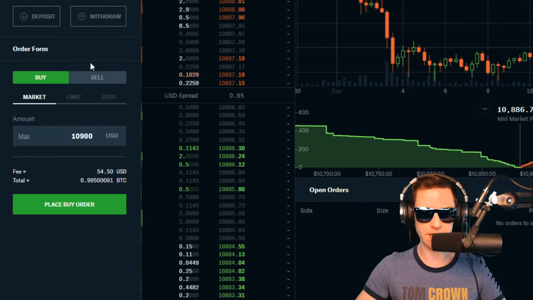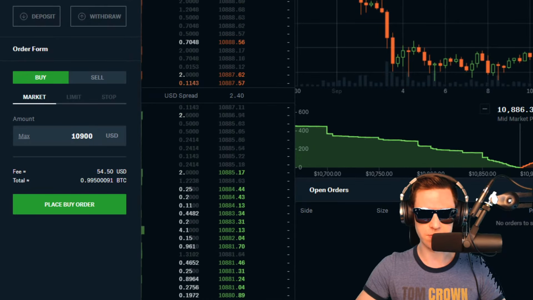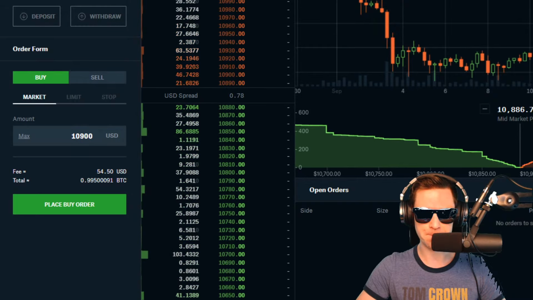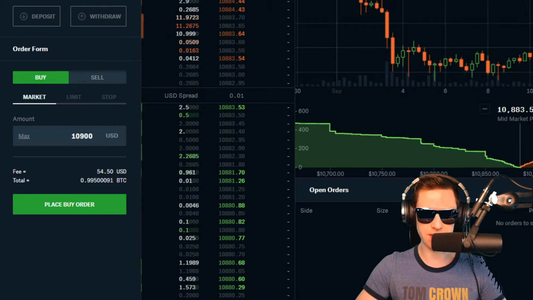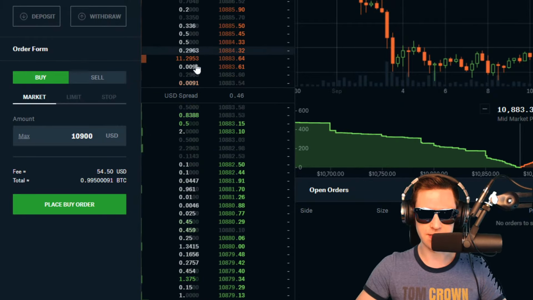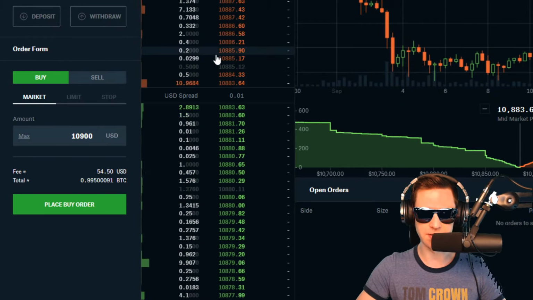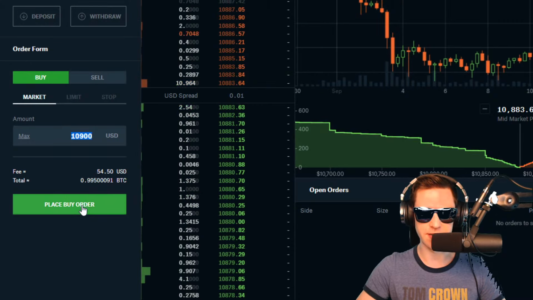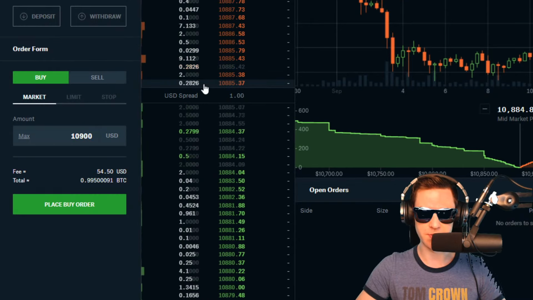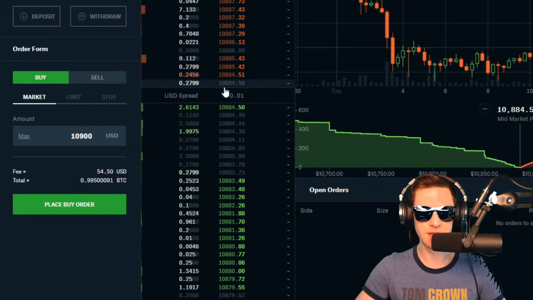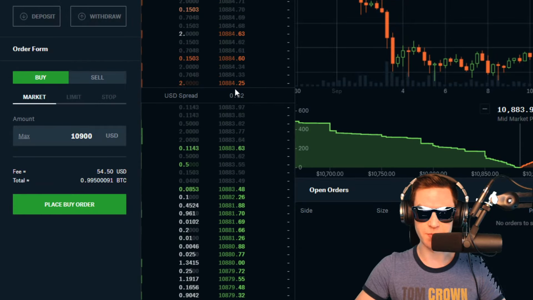Another important thing to know about market orders is that they can fill at multiple prices. You can see the prices fluctuating around here. Just because I put 10,900 here and hit buy doesn't mean that all $10,900 worth of my buy is going to fill at the same price. This is basically known as slippage.